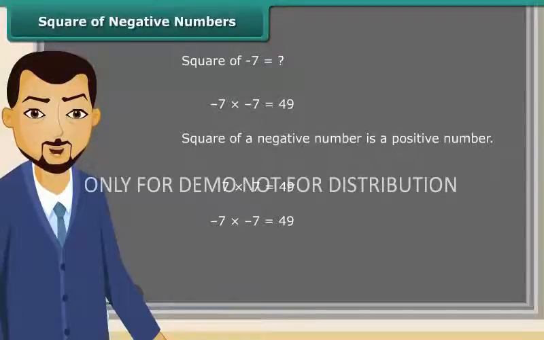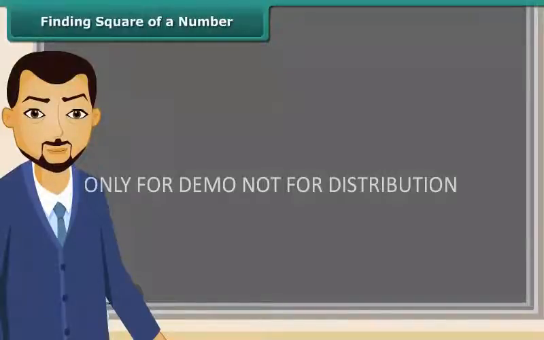Let us know about square roots now. We can easily find the squares of small numbers like 7, 4, 5, etc. But is it easy to find the square of 27 so quickly? Let us find the square of 27. We know 27 is a sum of 20 and 7.